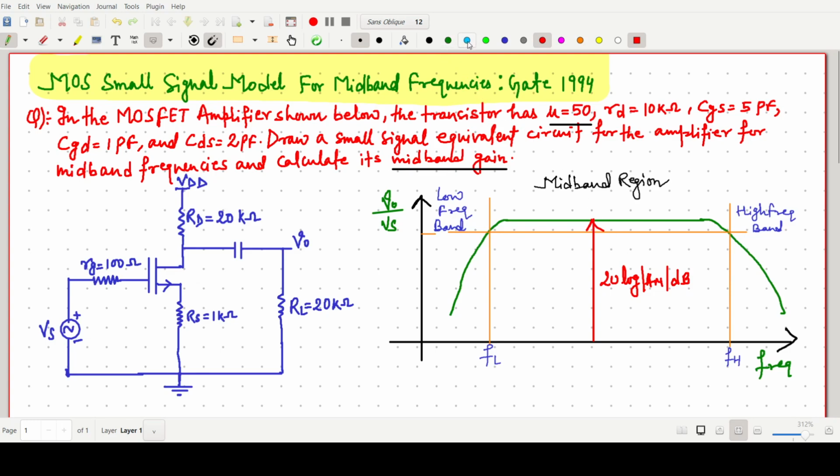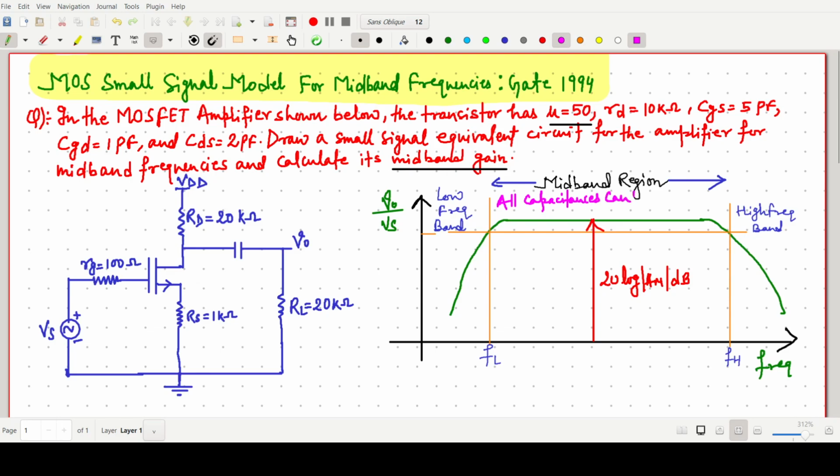Now the very interesting thing is that in our question we have to think about the mid-band region. In the mid-band region, all capacitances can be neglected.